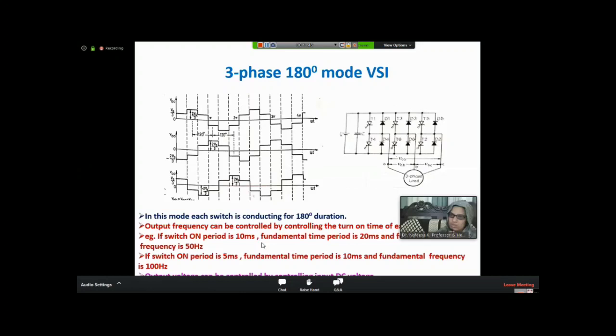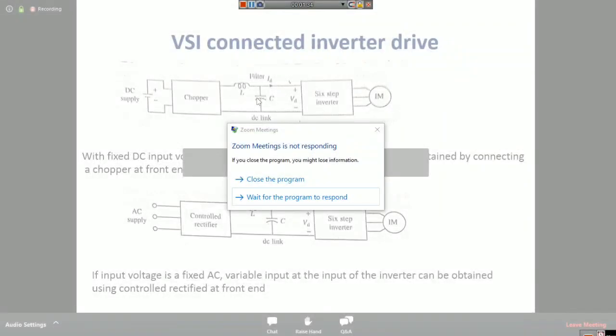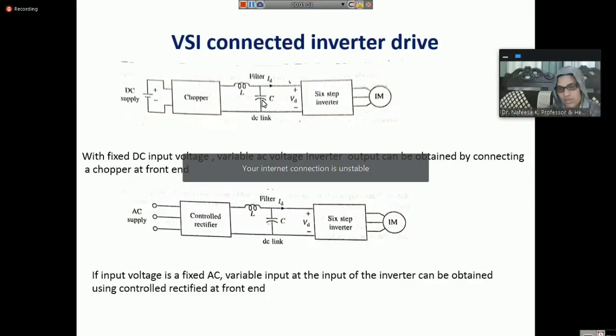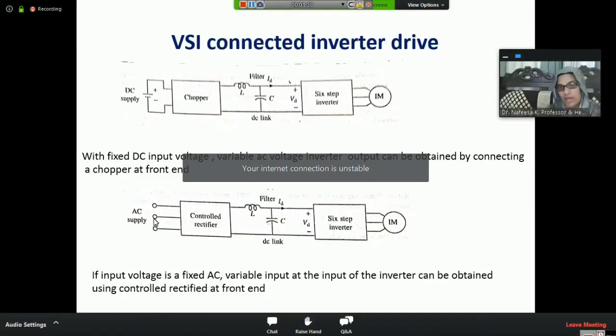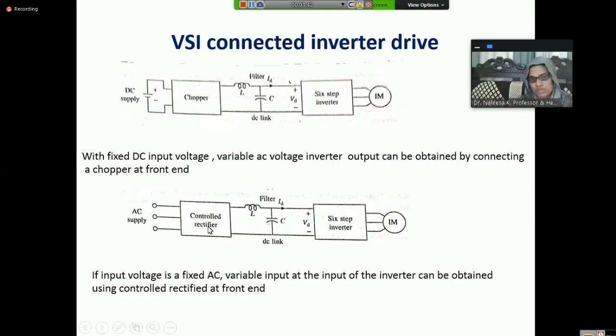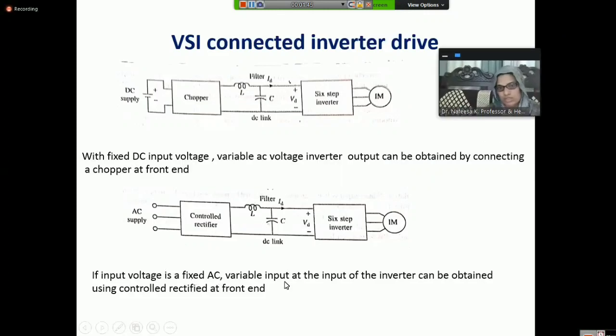That means you need to keep the V by F ratio constant. The frequency is controlled by the turn-on period of the switches in the inverter, and for controlling the voltage, you can vary the input voltage. Okay.